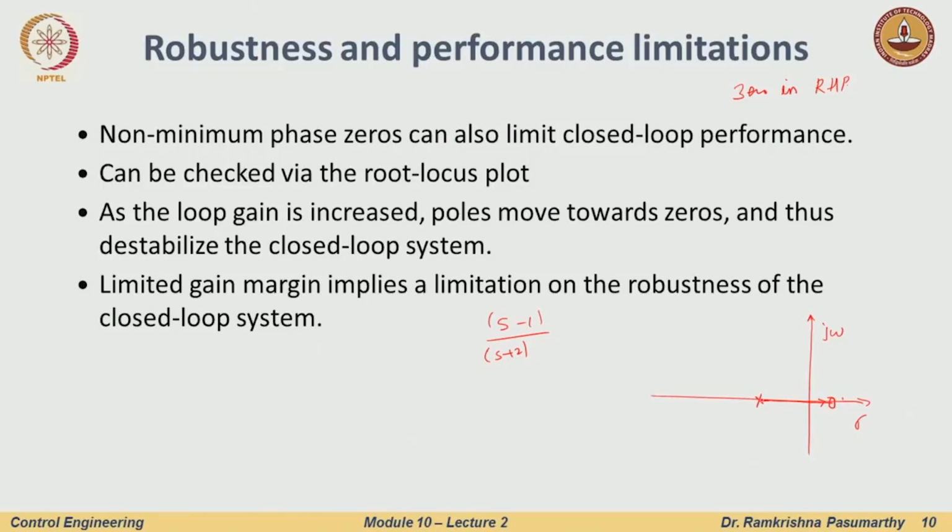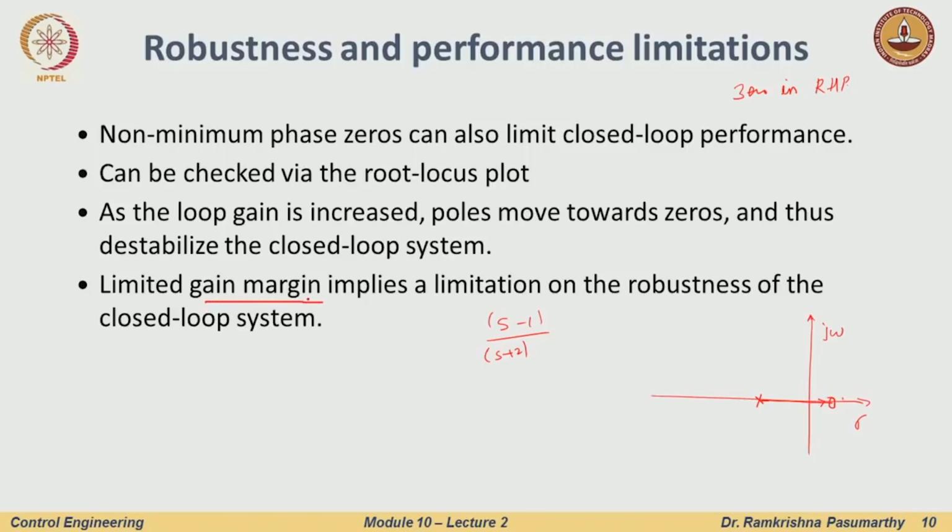Well, how do I see this? My root locus plot tells me that as the loop gain is increased, the poles move towards the zeros, right? And once I cross this line here, I am already in the unstable region, and therefore, whenever I have a 0 in the right half plane, my gain margin would be limited.